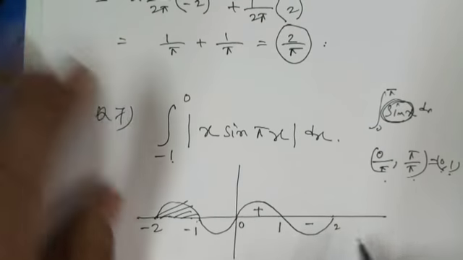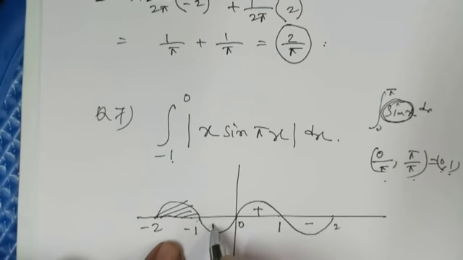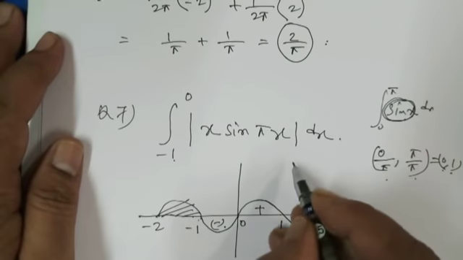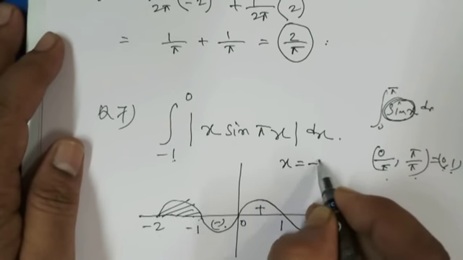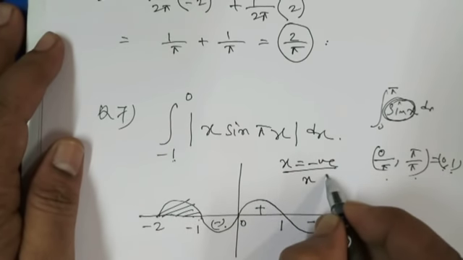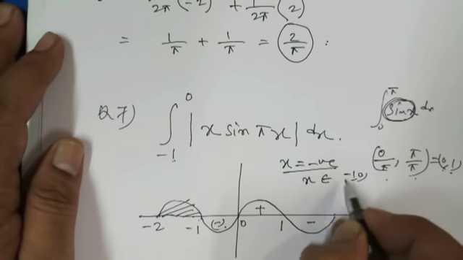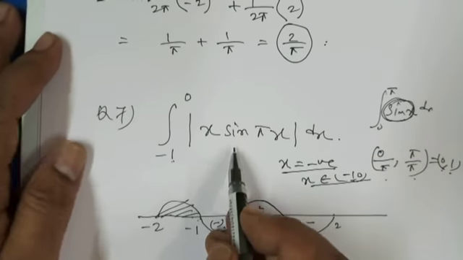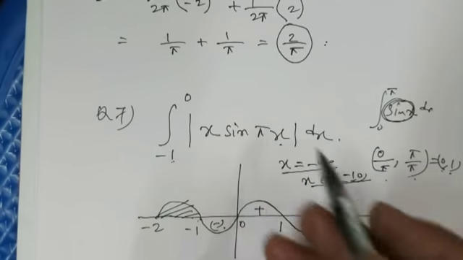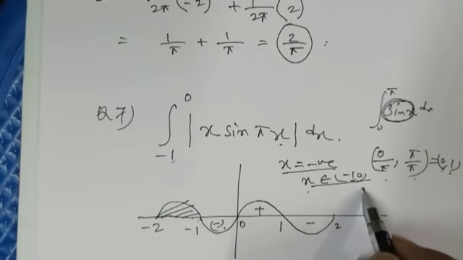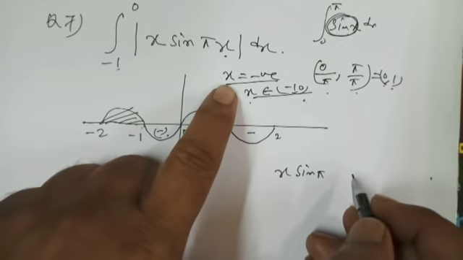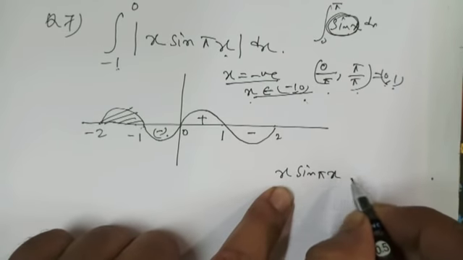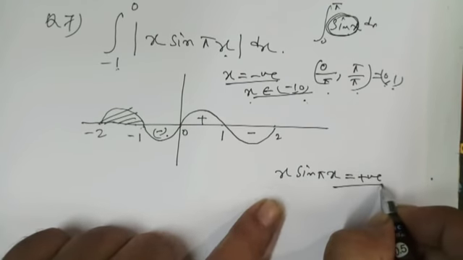Okay, so here in -1 to 0 the value of sin pi x is negative, and the value of x is also negative, because x belongs to -1 to 0. So sin pi x is negative and x is also negative. So x sin pi x is actually positive.